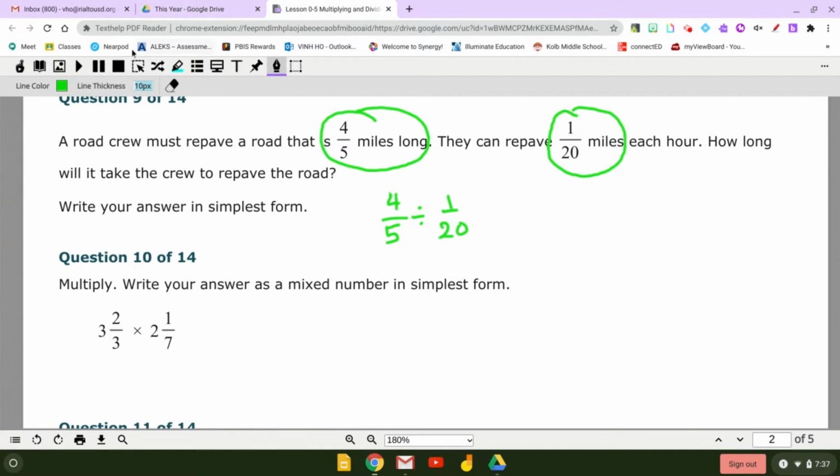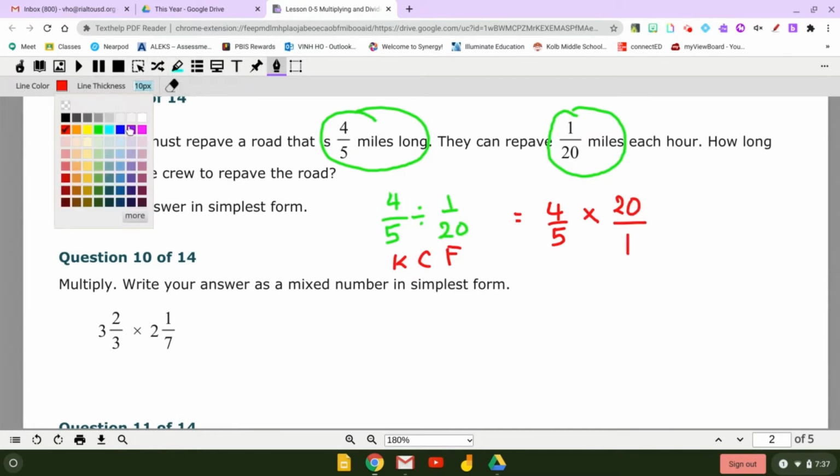To solve this, we're going to do keep, change, and flip. We keep 4 over 5, we change division to multiply, and we flip the 1 over 20 to 20 over 1. Then you can multiply straight across.